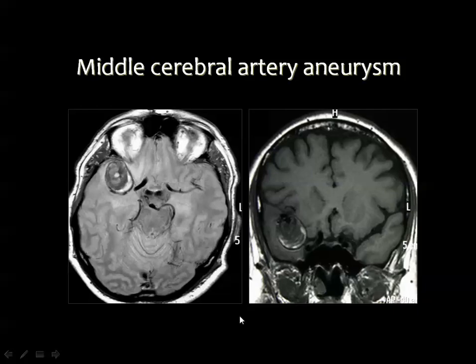And here you can see the aneurysm, and you can see some hyperintensity within the wall of the aneurysm, denoting thrombosis, and the different ages of the thrombus, ranging from acute blood to subacute blood, will show different signal intensities.